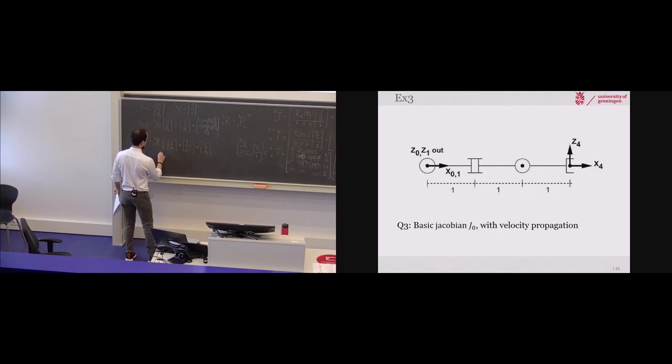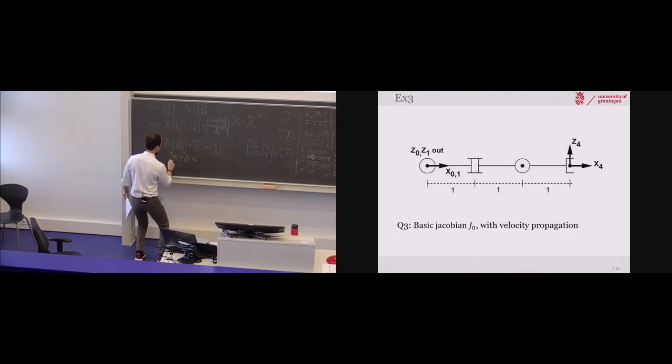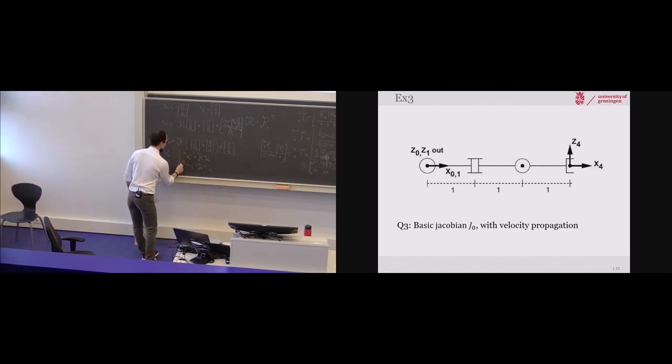So V from 0 to 4 is equal to R 0, 4, V 4, 4. And the same thing here. Okay? And this gives you the true velocity expressed in the 0 frame.